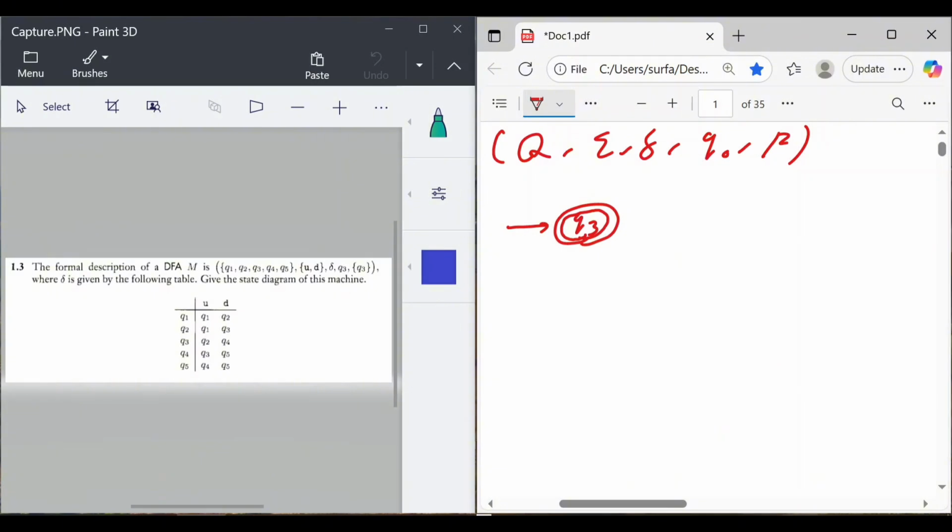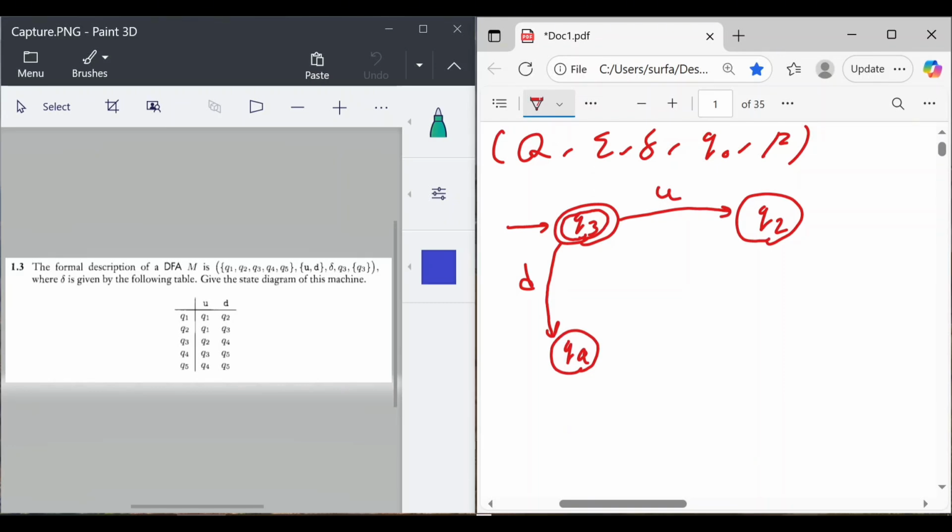Okay, and after that, if we see U, we will go to Q2 like this. And if we see D, we will go to Q4 like this. D and Q4.